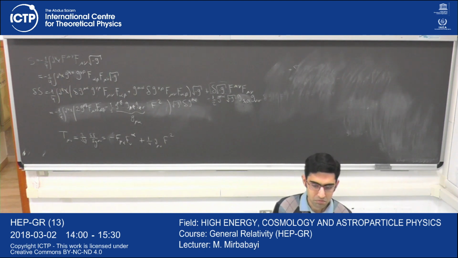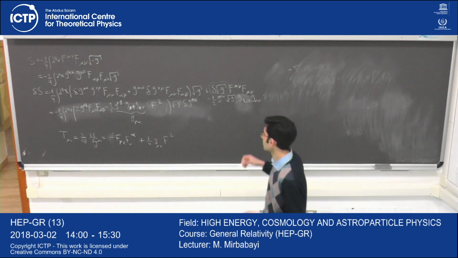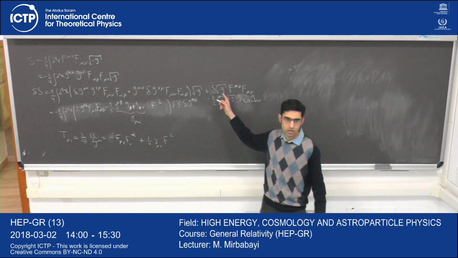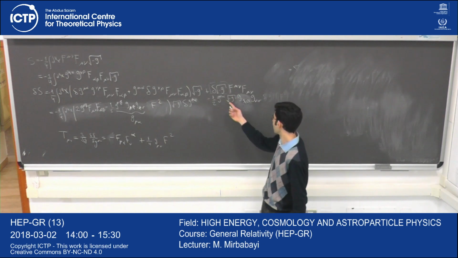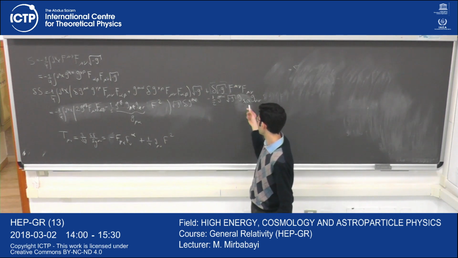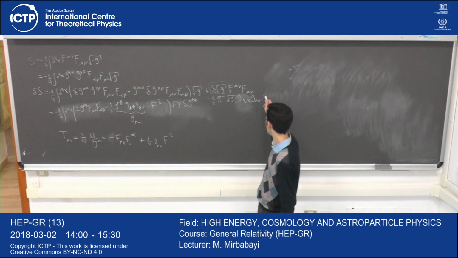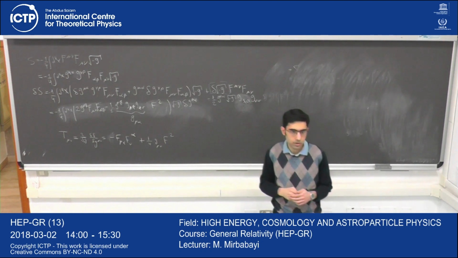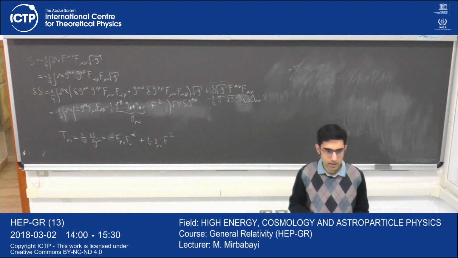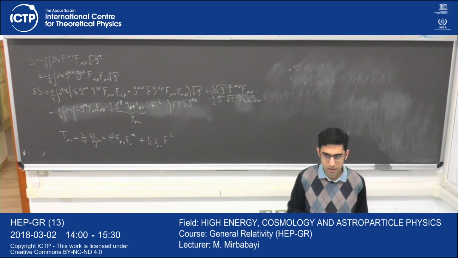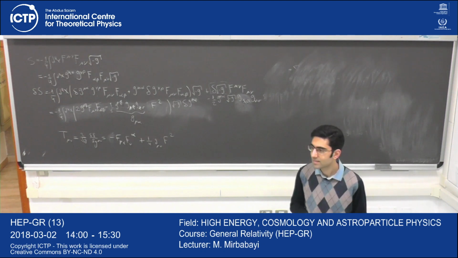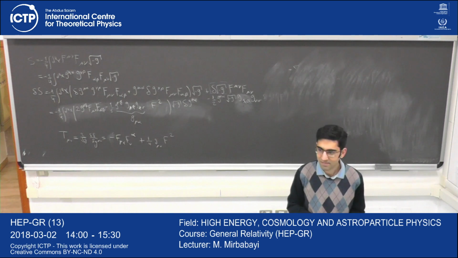So you can, like here for instance, we have a square root of g, and you can write the variation of this in terms of both, because they are not independent. So what is the rule? What is the rule?